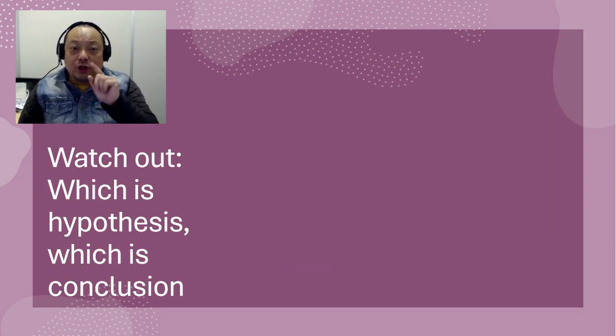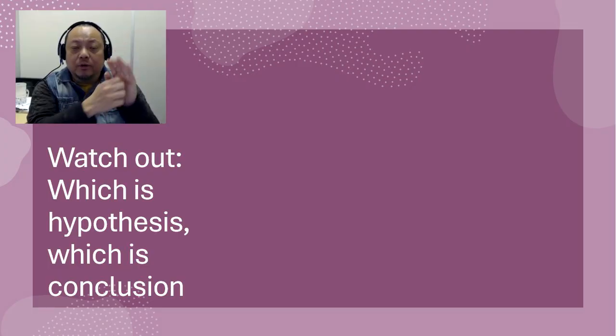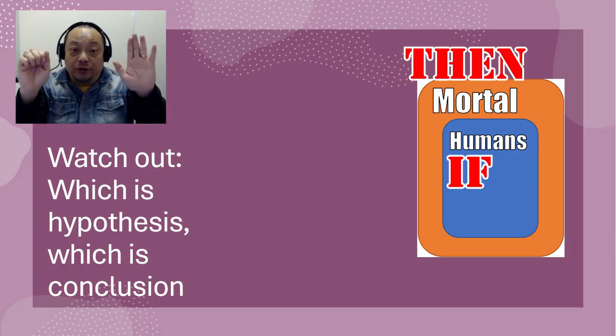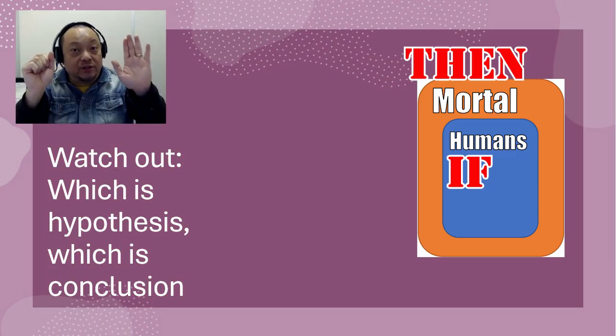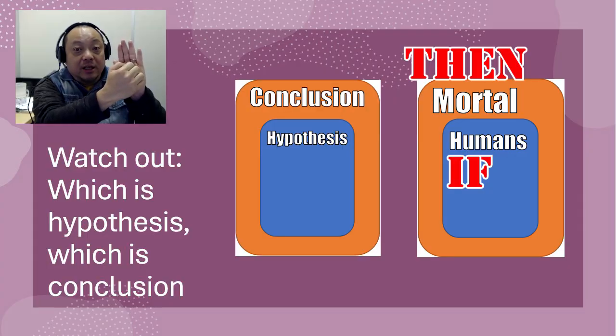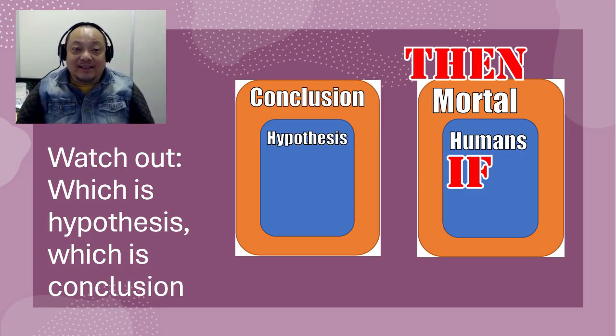Now, let's look closer at the if human then mortal diagram. Which is the hypothesis and which is the conclusion? Well, if human then mortal, right? So human is the hypothesis and mortal is the conclusion. Human is the inside set. That means the hypothesis is the inside set and the conclusion is the outside set.